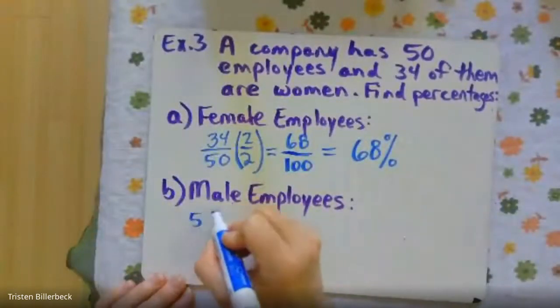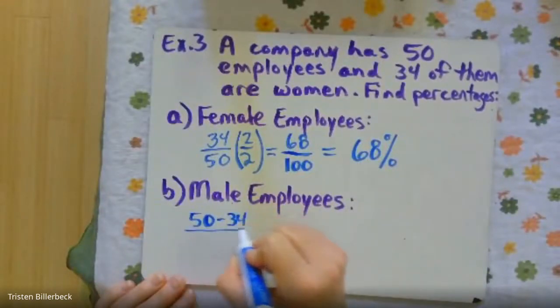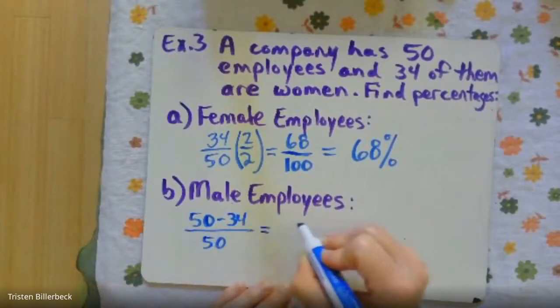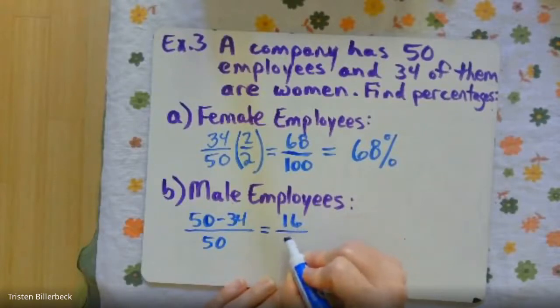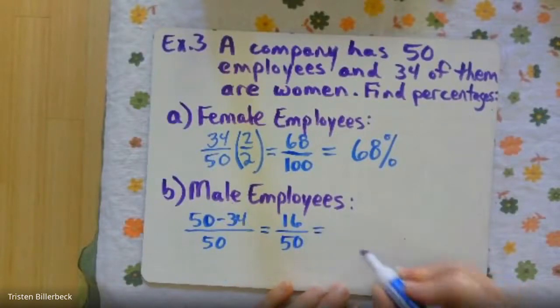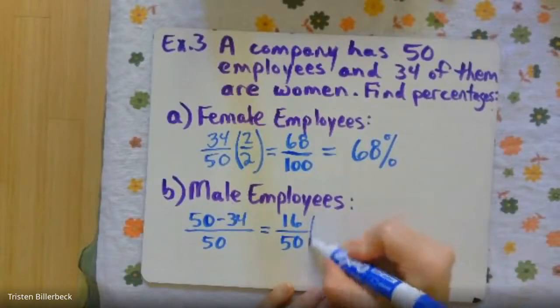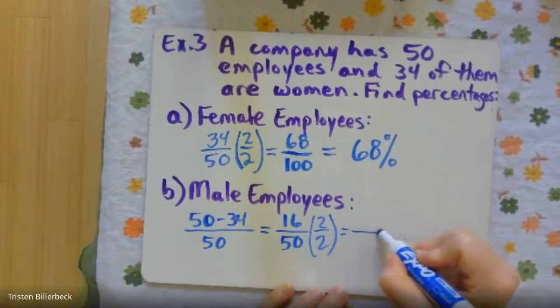So if we want to know how many are men, we subtract 50 minus 34, and we find that we have 16 out of 50. So if we want to make that into a percent, we're going to multiply by 2 over 2 again to get 100 on the bottom.